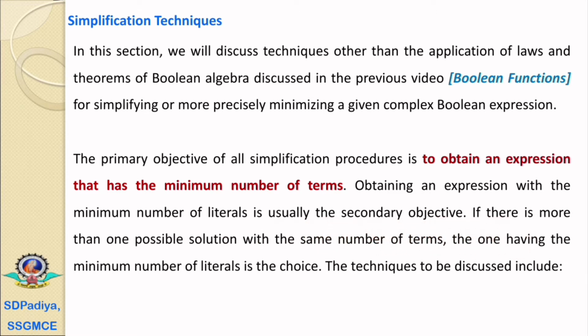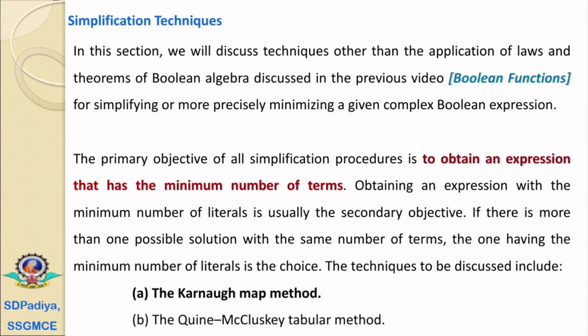If there is more than one possible solution with the same number of terms, then the one having the minimum number of literals is the choice. There are two techniques for the simplification of an expression. The first is the Karnaugh map method, also called K-map, and the second is the Quine-McCluskey tabular method. In this video we'll discuss only the first, the K-map method.